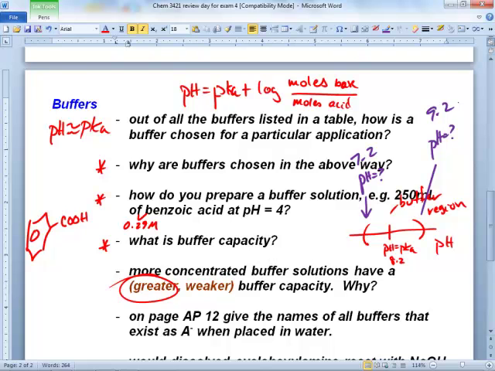It's best at 8.2, but you can still use it in between. It just gets worse and worse on each extreme, but it's still usable. So if you don't have a buffer that actually matches your pKa, fine, go by the buffer region. It's not as good, but it'll work. It's functional.